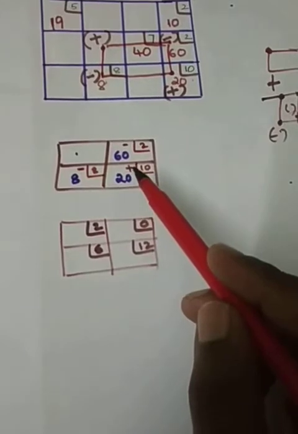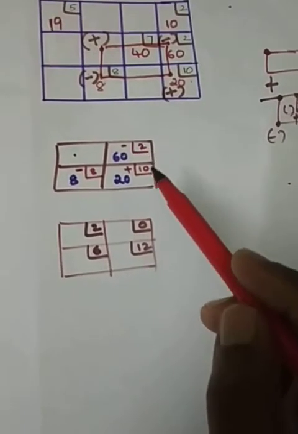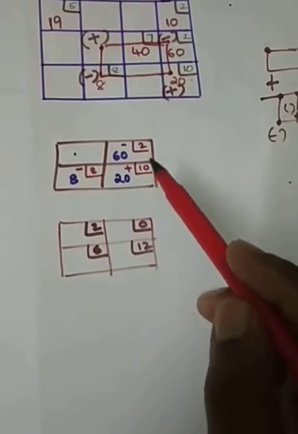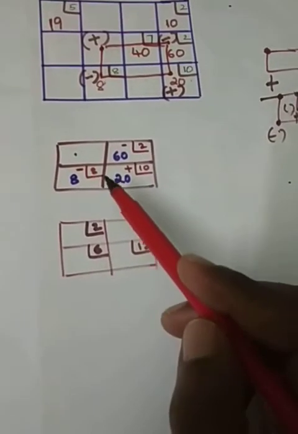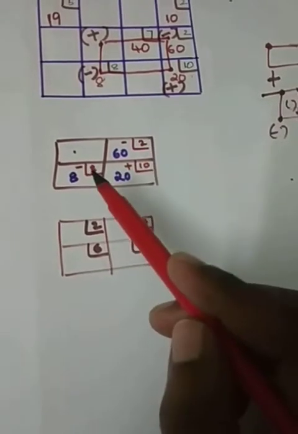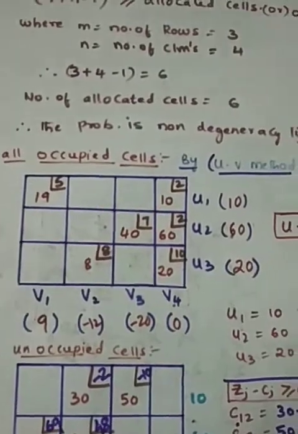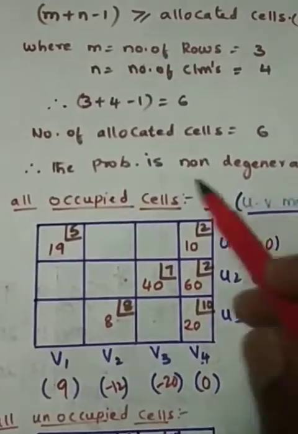Because it is assigned a positive sign here, you need to add this 2 to this value. 10 plus 2 is 12. And here it is 8; because you have assigned a negative sign, this 2 must be subtracted from the 8. 8 minus 2 is 6. So earlier the occupied cell table was something like this.